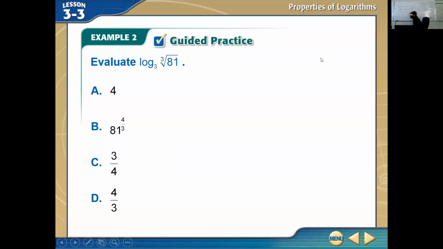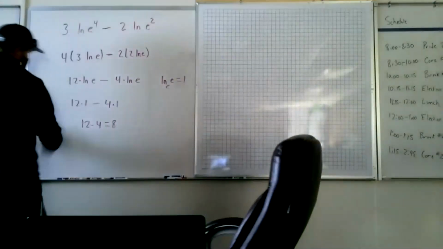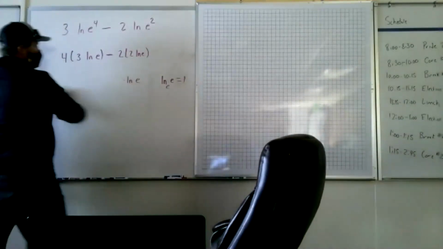Okay, here's another good one. Evaluate the log base 3 of the cube root of 81. This will be fun. All right, first thing, right, the problem: log base 3 of the cube root of 81.